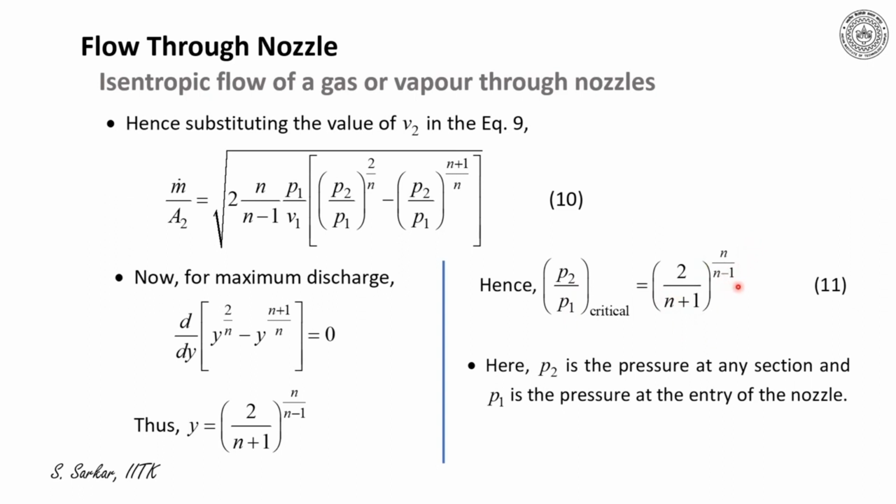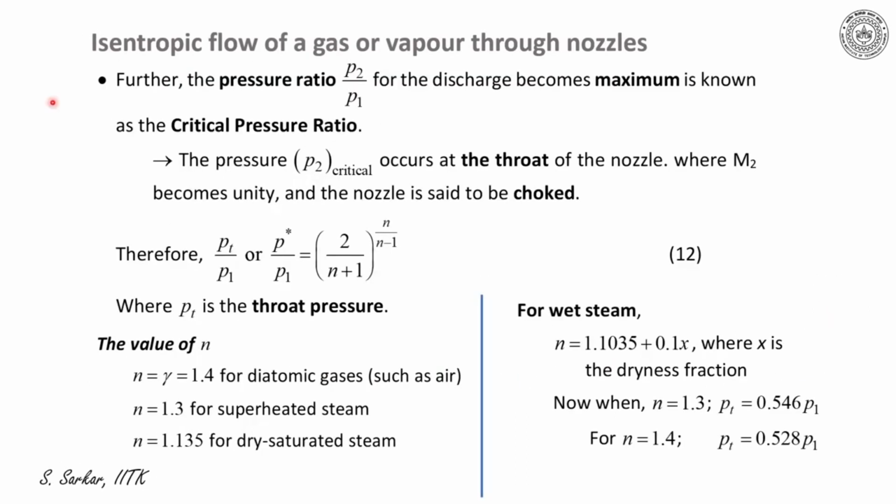P2 is the pressure at any section of the nozzle, while P1 is the inlet pressure. Thus, the critical pressure ratio is given by equation number 11. Just to remind you, the pressure ratio P2 by P1 for which the discharge becomes maximum is known as the critical pressure ratio.